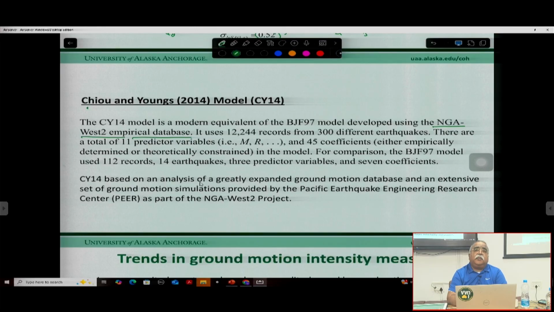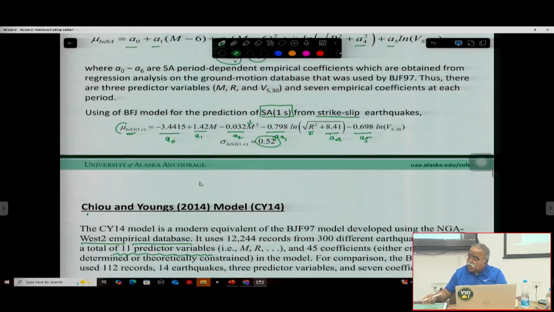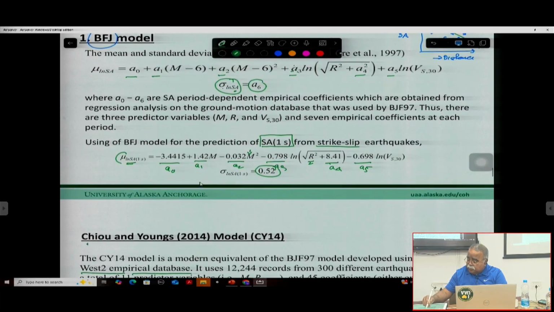This is a big database for this type of model, given in the NGA West2 model. The predictor variables are basically the magnitude, distance, and the VS30. These are the only things we are using. So these are the 3 predictor variables.